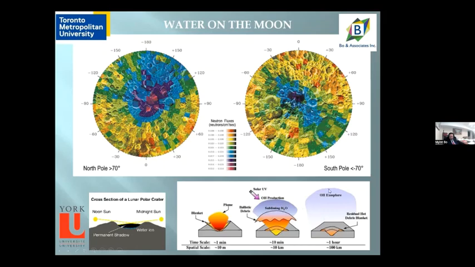This plume of hydroxide exposure was generated. These features were taken and recorded by the second rocket that followed behind the first rocket, and it managed to confirm the existence of water on the moon.